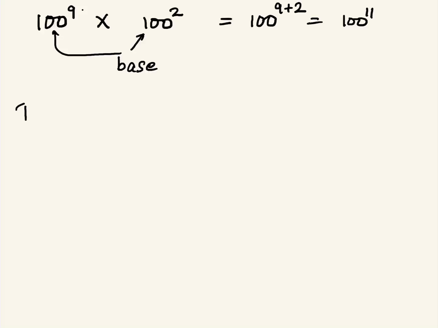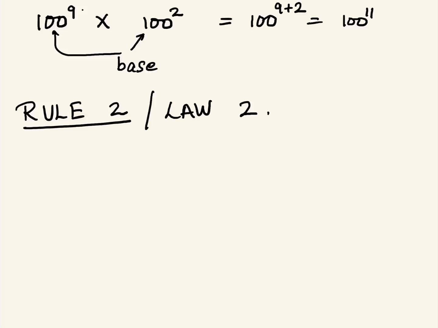Let's go on to rule number 2, or law number 2, howsoever you may want to call it. So let's suppose now I have 2 to the power 5 divided by 2 to the power 3.